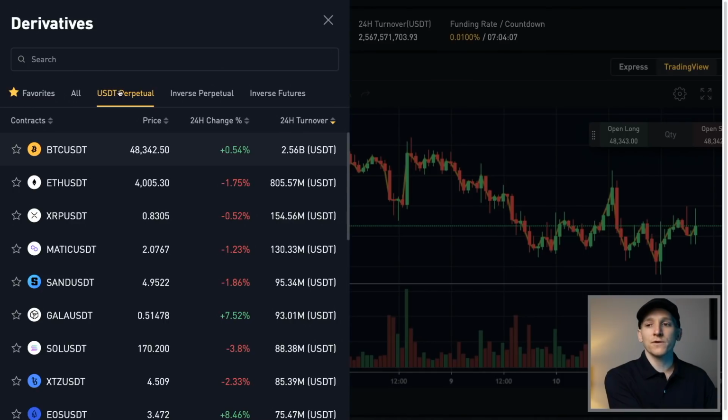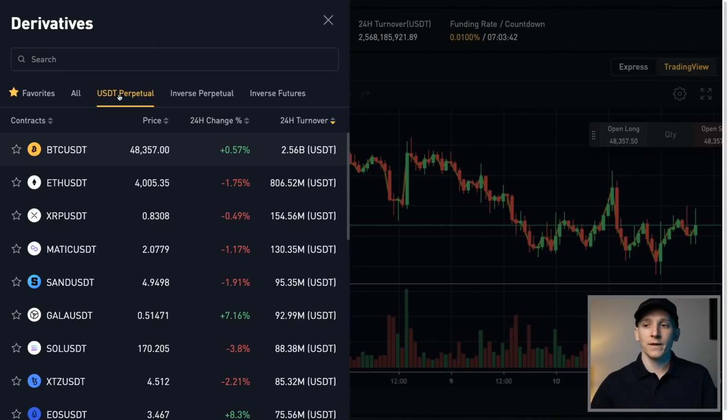So futures are very different to the spot market in that what we're actually doing here is trading a contract. And so that contract can either have an expiry date or not. Obviously, perpetual means that there's no expiry date. And so we're not trading for a certain time in the future. We're just taking a bet either one way or the other, long or short. And the future that we're trading will have no expiry date.